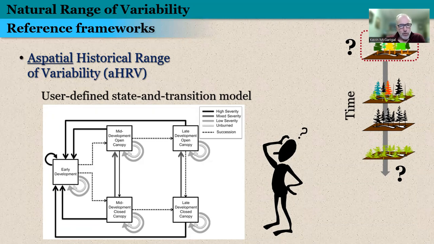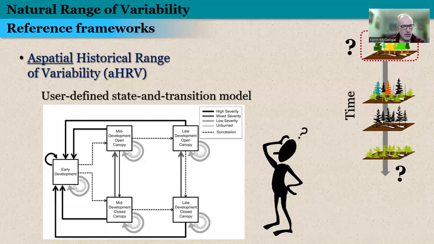In this approach, the user defines what's called a state and transition model, where the user defines a number of discrete states, oftentimes 3 to 5 states. In this example shown here, you see a 5-state model where each of those boxes in the figure represents a discrete state in the seral development of the vegetation.